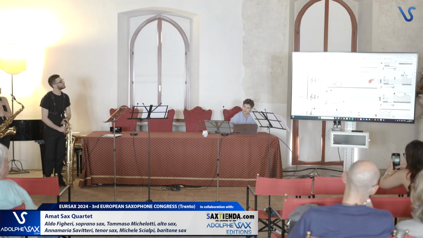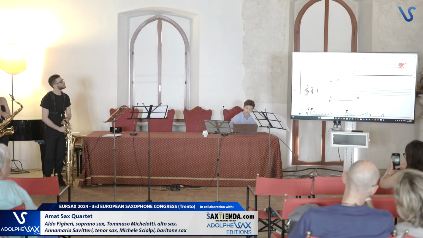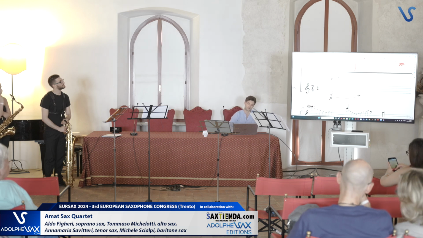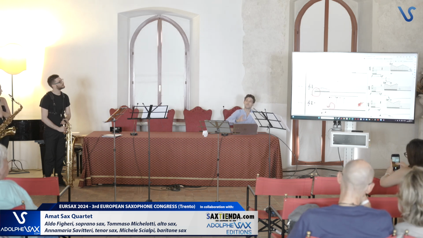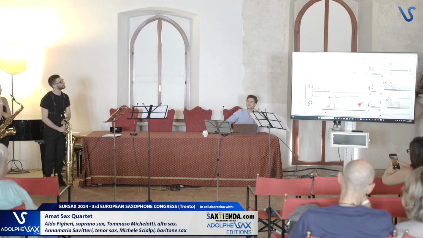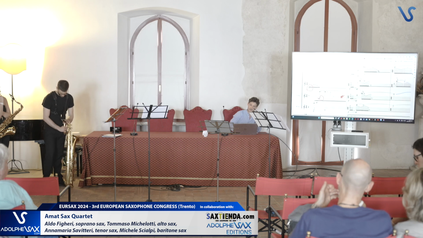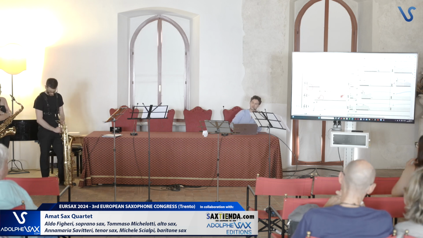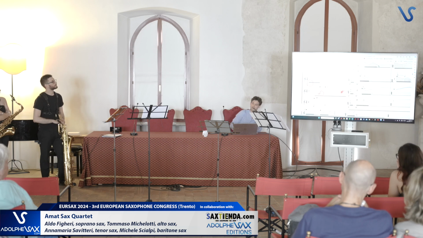And the baritone saxophone is playing a sort of harmonic spectrum on these fundamentals. So we have four different techniques that are just the same because they are melted together in order to build a sort of polytext.